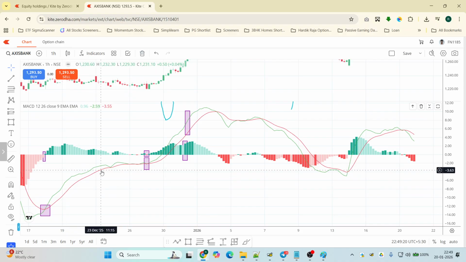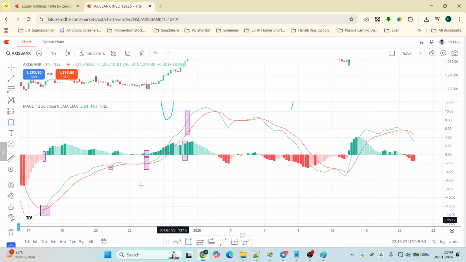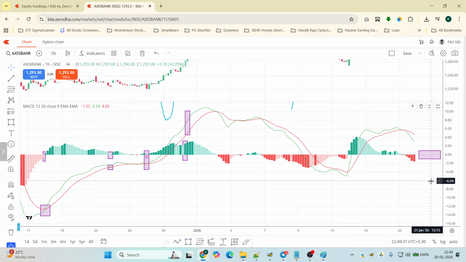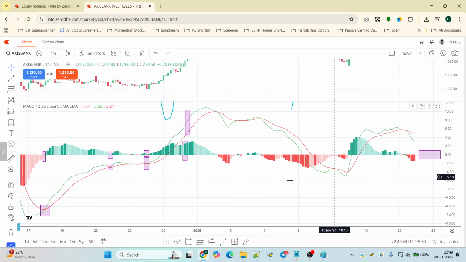Okay, and you can see here again, this has almost come to a close. So the histogram also is almost at 0, and this particular line, so we are talking about the 0 line, right? So this particular line is called the 0 line. You can also see it in the axis, it is 0.0.